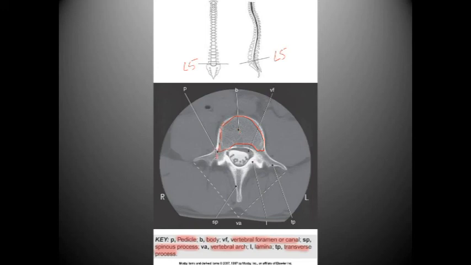Then we have the pedicle and the transverse process. Then we have a lamina bilaterally, converging together to form the spinous process.